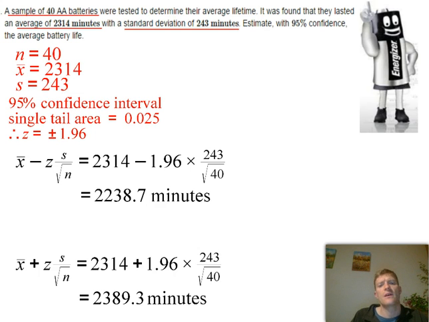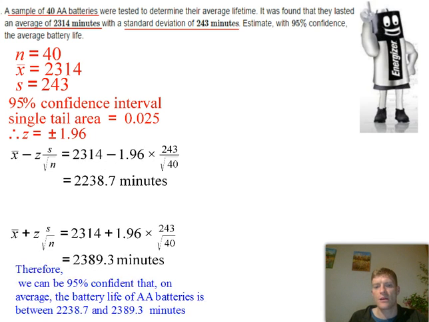There it is. And so we substitute our values in and calculate, and we get this as our value for our lower bound. And we do the same for our upper bound. It's the x bar plus the z times our standard deviation of the sample mean. And we get that. So putting them together, we can form a statement like so.